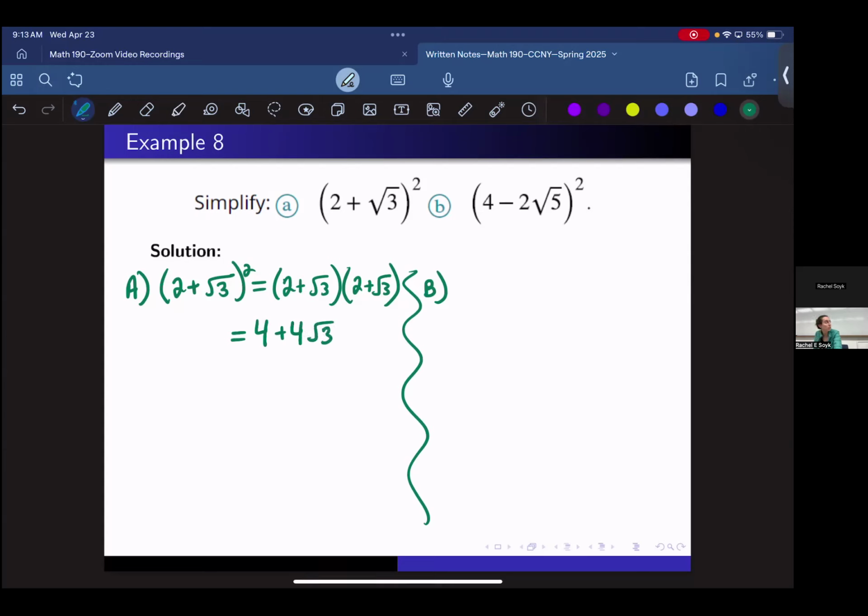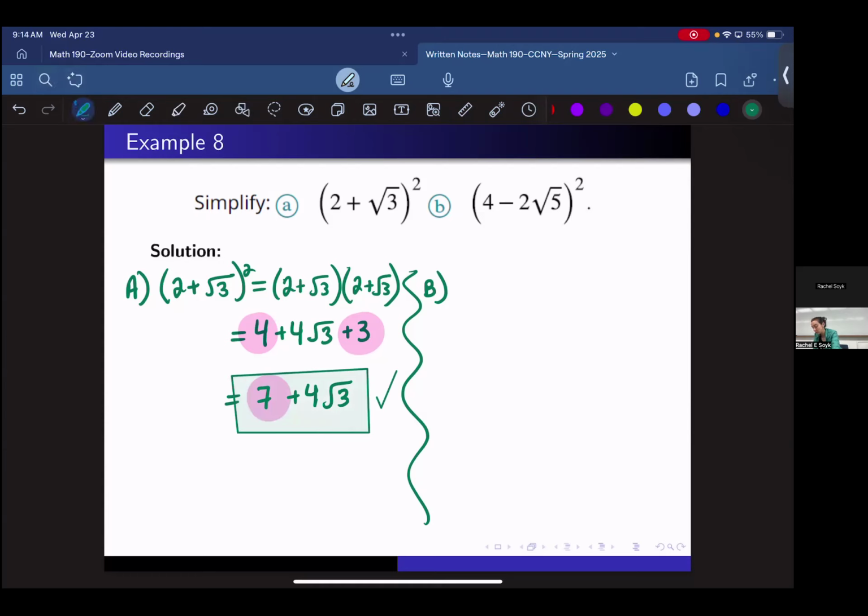And then the square root of 3 times the square root of 3 is just 3. So you get to this step in about 5 seconds, and then your last bit is you combine those constants. So your final result is just 7 plus 4 square root of 3. And we're done.